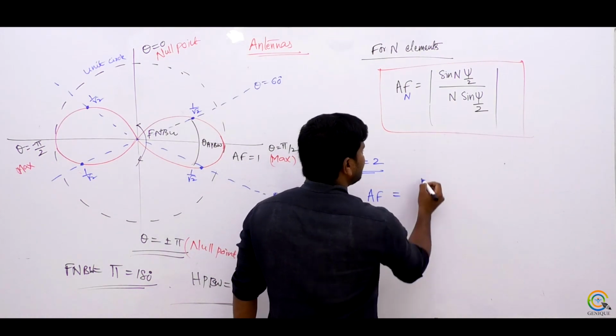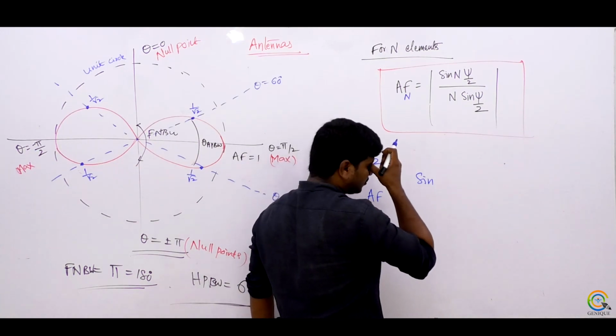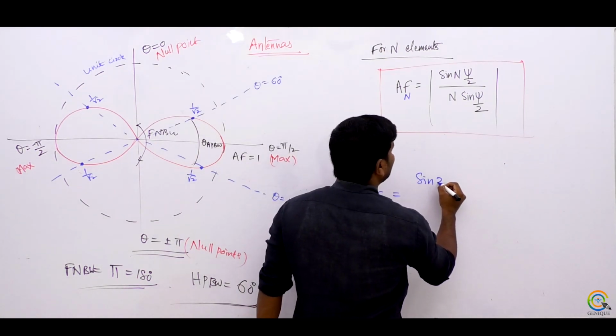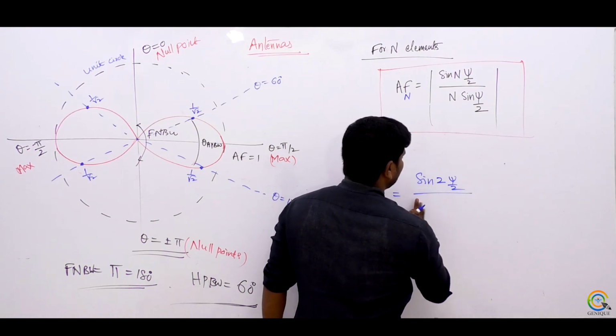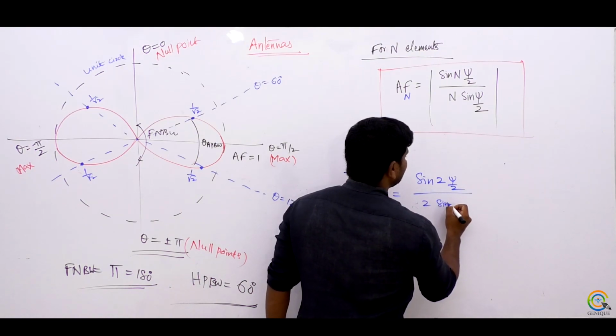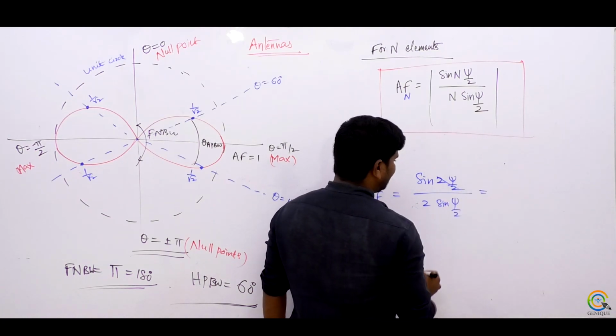This is equal to sin of n psi by 2, where n is 2, divided by 2 sin psi by 2. So the 2 gets cancelled.